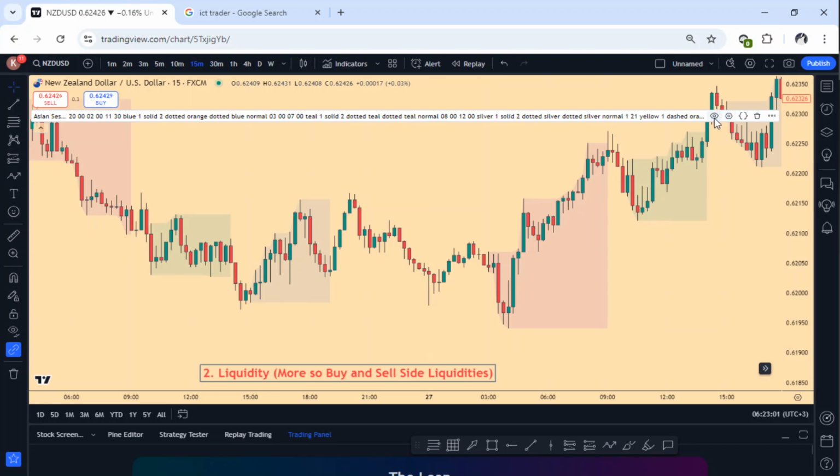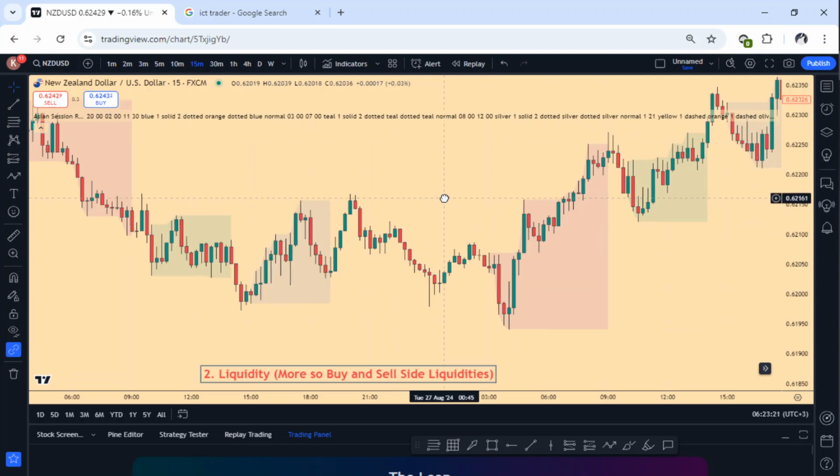If I zoom out like that, you will see the colors disappear, and then when it comes back, it appears. So these colors show that this is Asian session, this is London session, and then this is New York session.